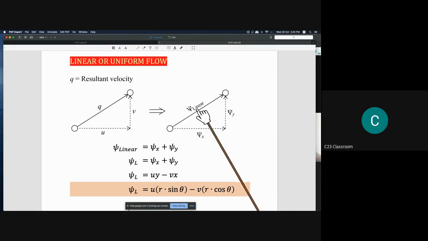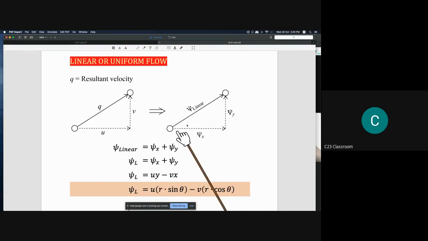As you know, stream function is actually telling you about the flow rate. Flow rate is a scalar, which means we cannot add them by using the idea of vectors. For vectors, we could calculate by using the hypotenuse and so forth. But for scalars, we just add them.